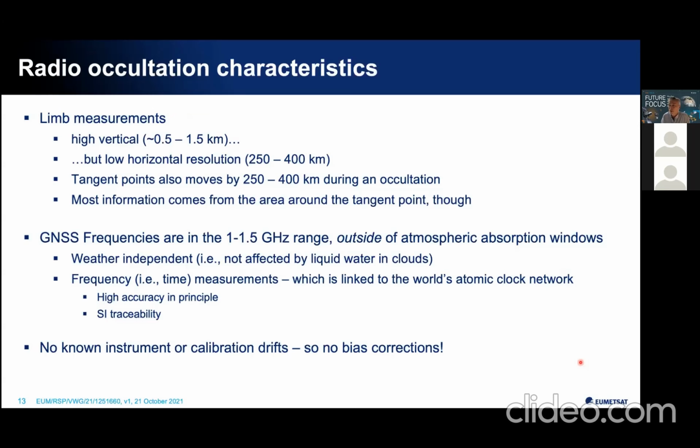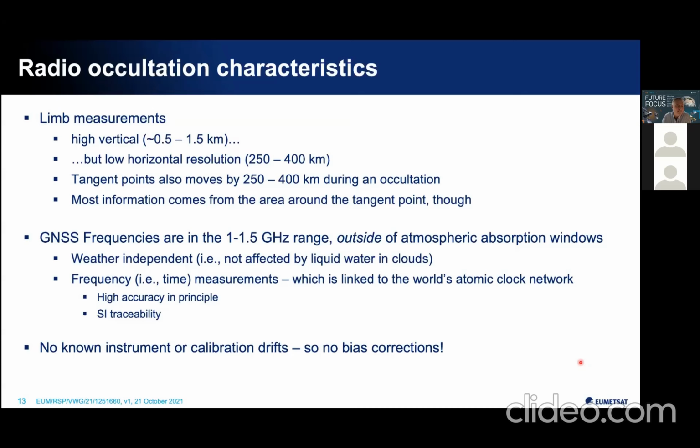We are doing a frequency measurement, and the frequency or time measurement from the GPS system is linked to the world's network of atomic clocks, which is defining how we measure time. So we have, through the measurement, a traceability to SI standards, and the accuracy in time measurements, of course, is very good. And these are all benefits of GNSS RO.